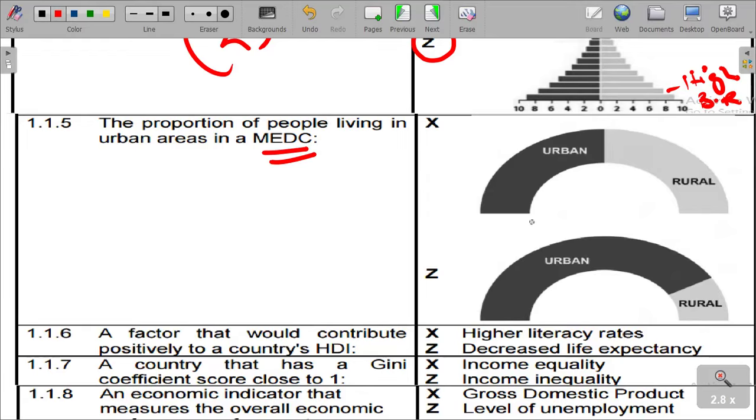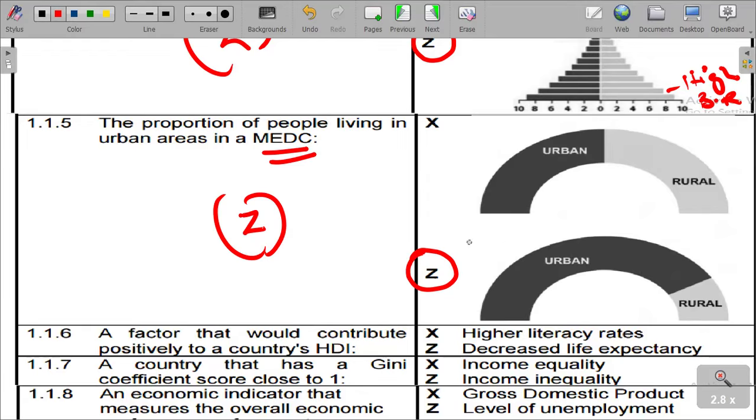So we tend to have low numbers of people living in rural areas, which results in Z being the right answer, because high population is in urban areas.